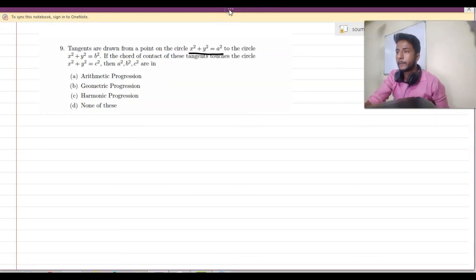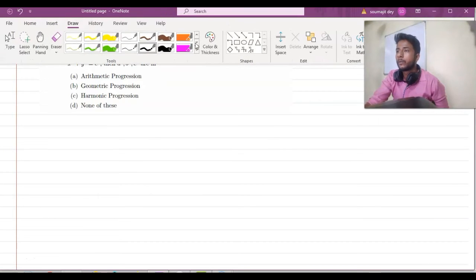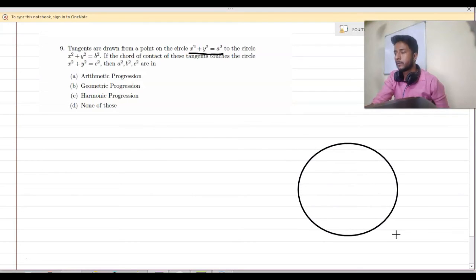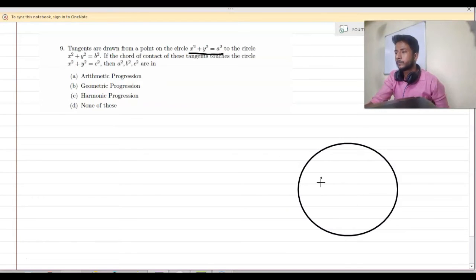First of all, let me draw the picture. This is our circle number 1. This is our circle number 2. And this is our circle number 3.